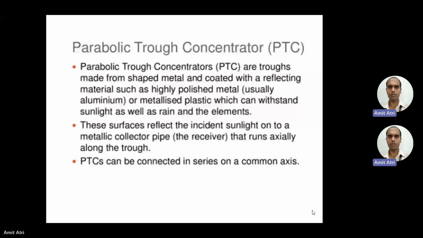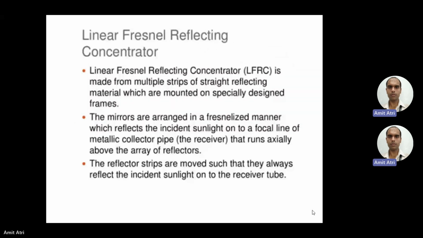So these mirrors are arranged in a Fresnelized manner which reflect the incident lights onto a local line of metallic collector pipe that runs actually above the array of reflectors. So the reflector strips are moved such that they always reflect the incident sunlight onto the receiver tube.